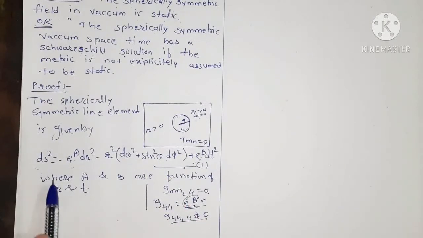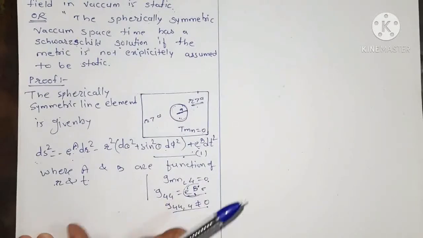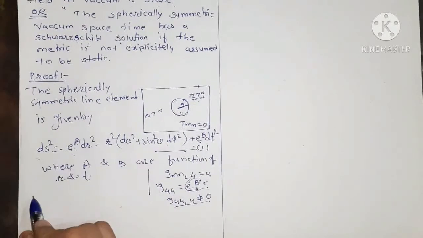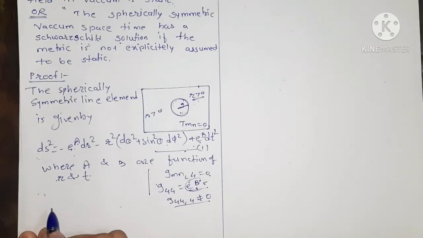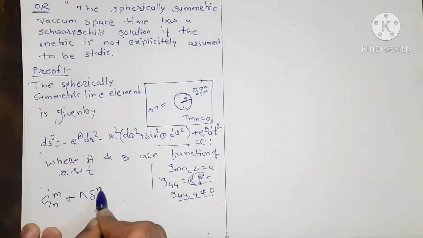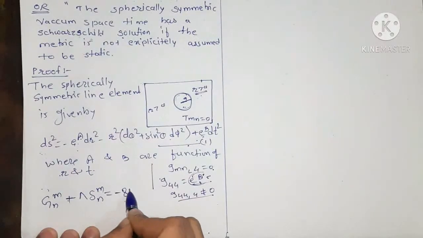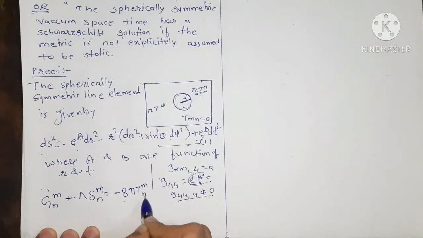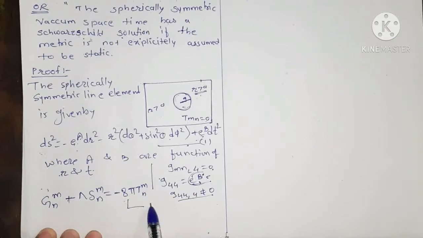Okay, so here we solve this for the general Einstein field equation. We take the general Einstein field equation in the mixed tensor form: G^m_n + Λ δ^m_n = -8π T^m_n, and we give this as equation number 2.